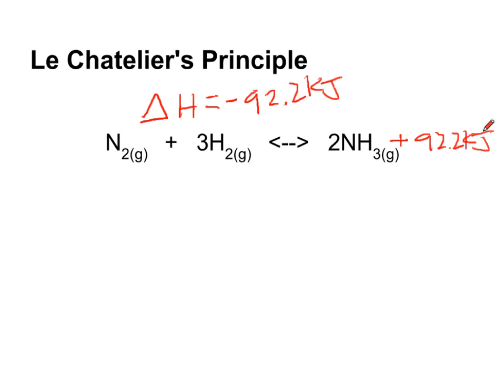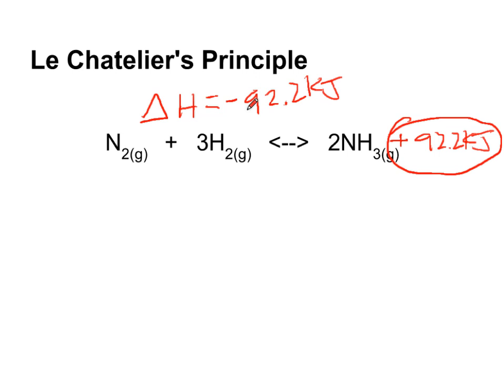That's given off to the surroundings. The opposite's true for an endothermic reaction. If this was endothermic, we would put the plus 92.2 over here on the reactant side. So we can treat this heat as a term, so it could be a term to be stressed just like a reactant or product was.